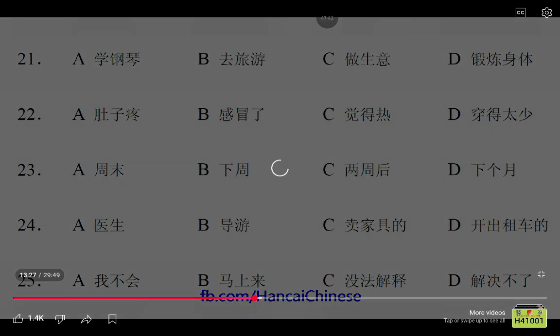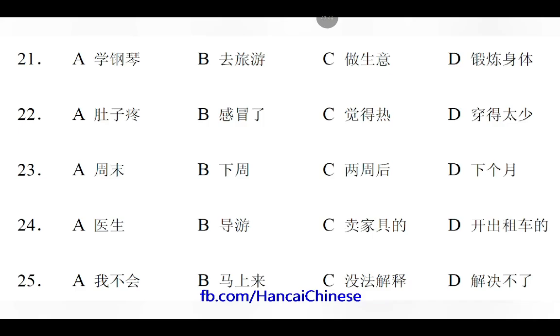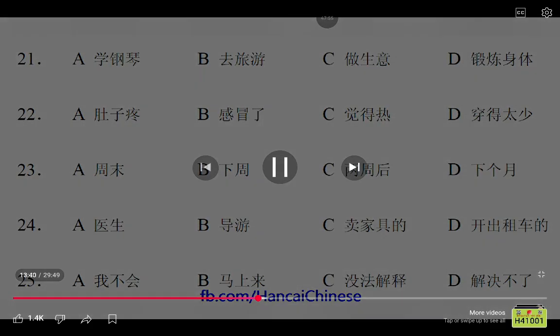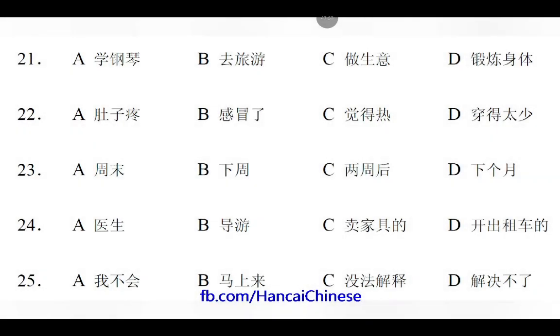Okay, listen carefully. 我们班可能要组织大家一起去旅游，还没商量好到底去哪里呢。女的暑假有什么打算？So what is the woman's plan for summer vacation?